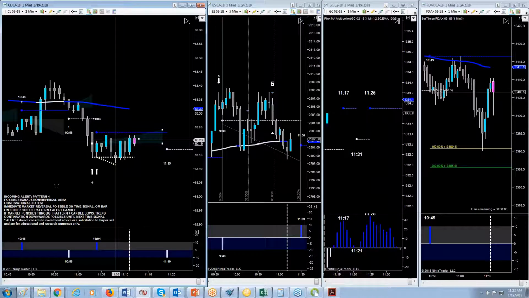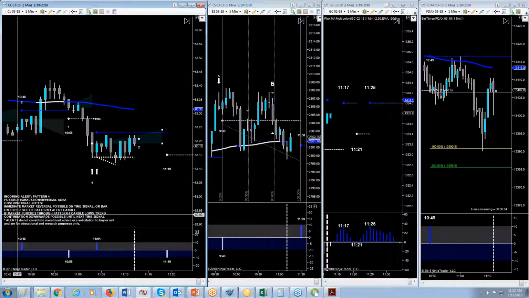In the lower left corner, it says alert, pattern 4, possible exhaustion reversal area, observational notes, immediate market reversal possible on the time signal or on either side of the pattern 4 candle. If market punches through pattern 4 candle lows, trend continuation downwards possible until next time signal.